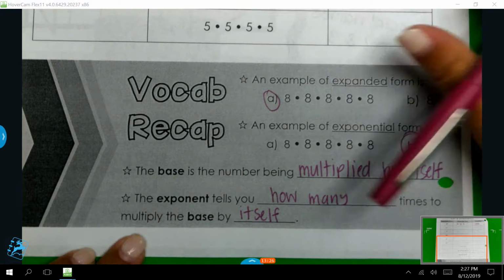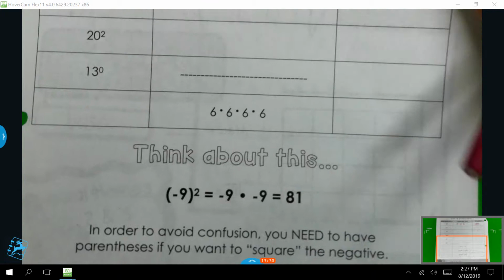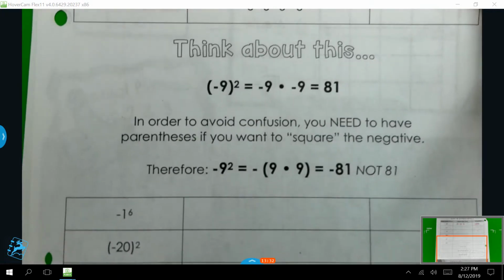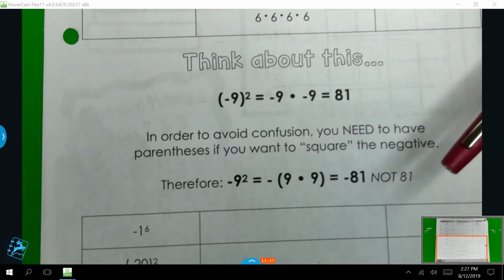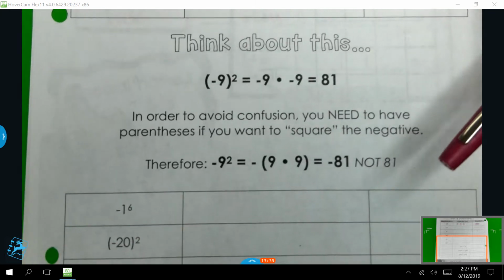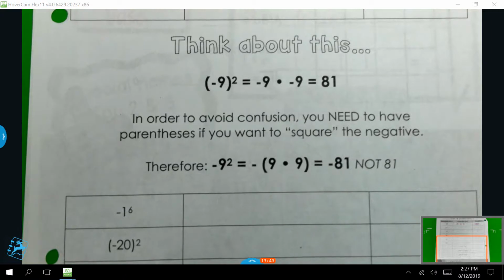Alright, go ahead and flip over. We are going to skip that next chart because it's exactly like what we just did. So skip on down to think about this. Here I have -9 in parentheses squared. When I have that -9 in parentheses, what do you think is my base? 9 or -9?